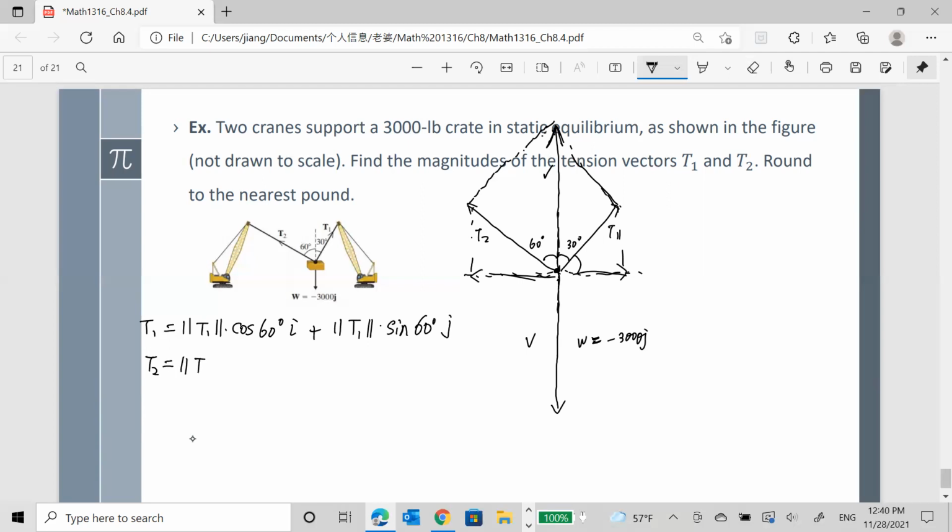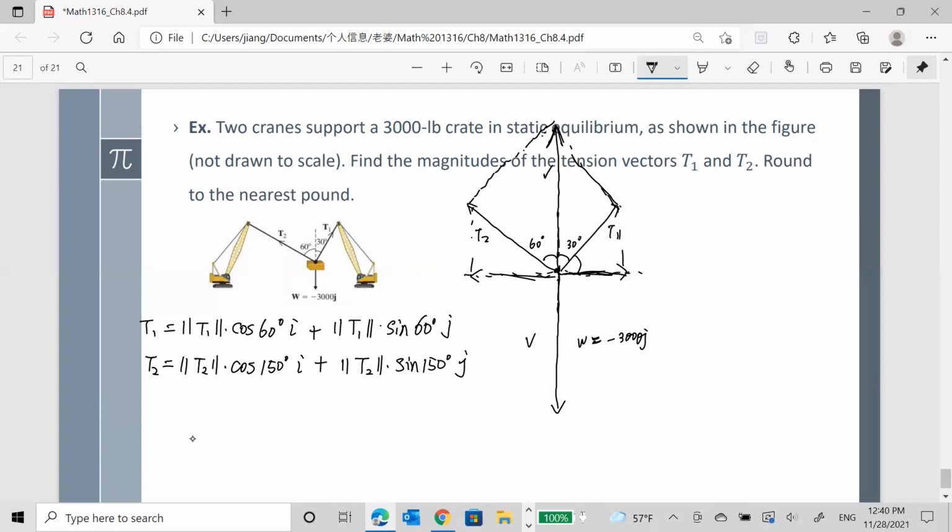T2 is the magnitude of T2 times cosine of the angle. So from initial to T2, that's 90 plus 60. That's 150 degrees I plus magnitude of T2 times sine 150 degrees J.